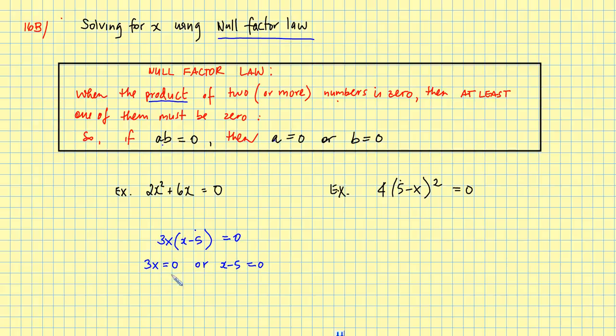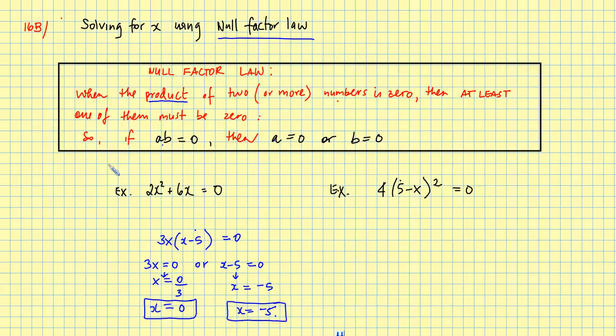And when I solve here for 3x equaling 0, I'm going to say that x is equal to 0 divided by 3, which tells me that x is equal to 0. So that's one of my solutions here. And if I do x minus 5 equaling 0, well, I bring it to the other side, x equals 5. So my solution could be either x equals 0 or x equals 5. I could have two solutions to this problem. Okay, so that would be two solutions.